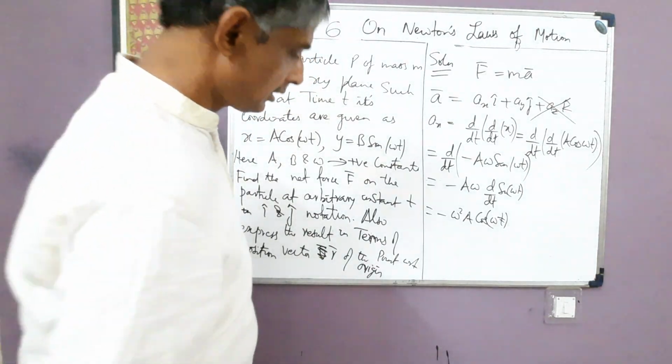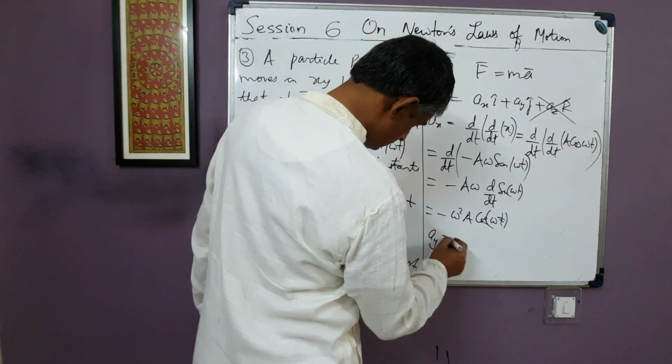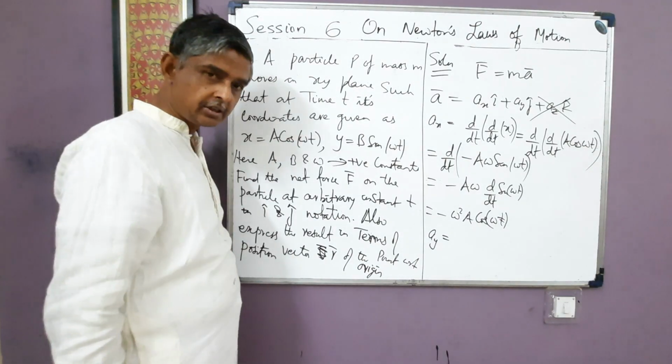Now we have to determine ay. ay is the y component of acceleration a of the particle.